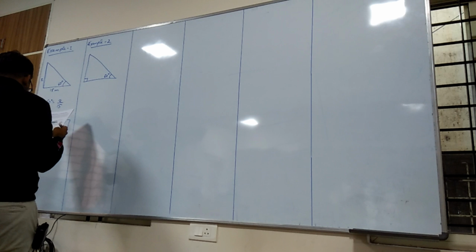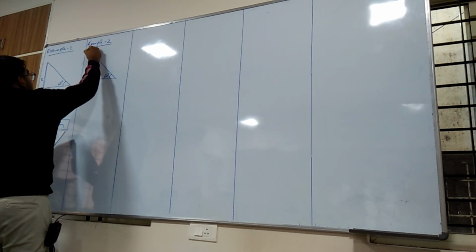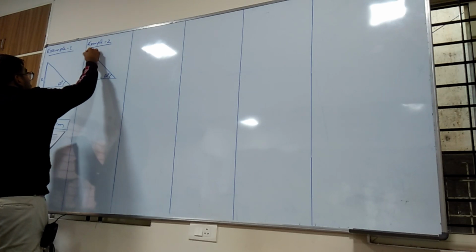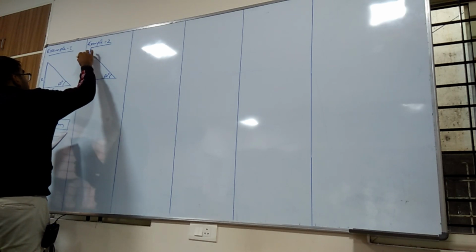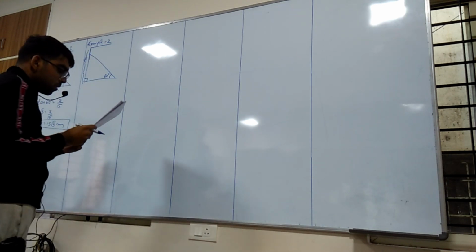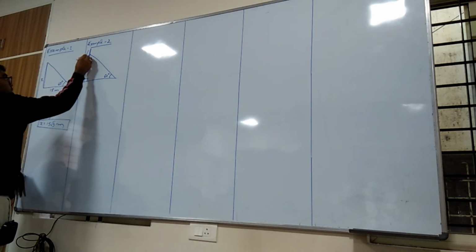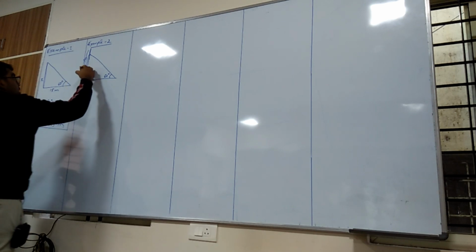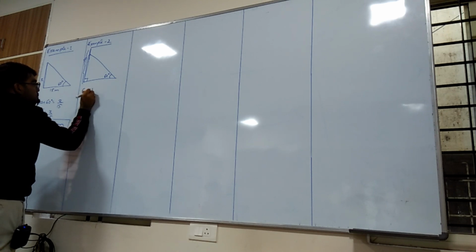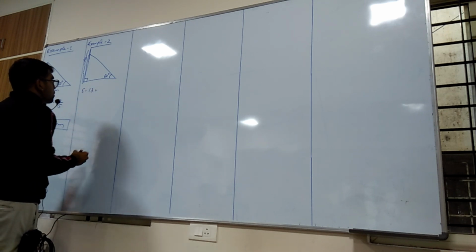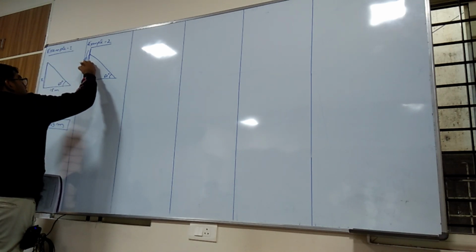They have given the height of the pole to be 5 meters, and they have told 1.3 meters below. So what is this height? 5 minus 1.3, which is equal to 3.7. Is this 3.7?